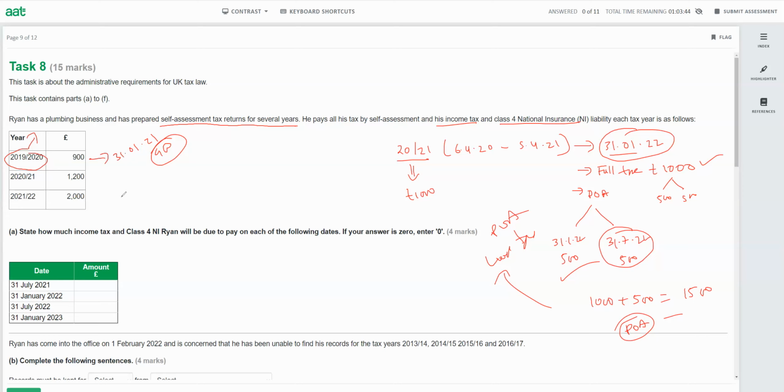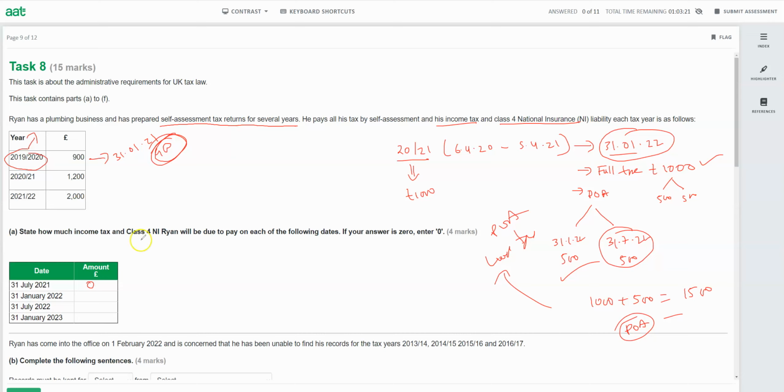And on 31st of July 21, of course, this is our first payment on account. If we paid all this money, because we don't have anything from the last year that we are guessing, our first 31st of July 21 payment will be 0. So there is no payment for 31st of July 21.